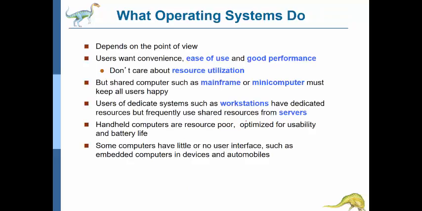Okay. What do operating systems do? The goal is not what, but maybe how. The goal of operating systems is to make an easy interface so that casual users or uneducated users still can operate it.